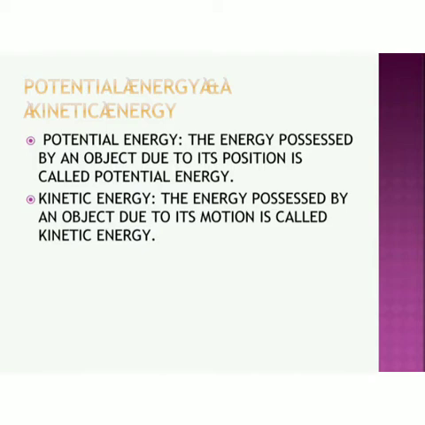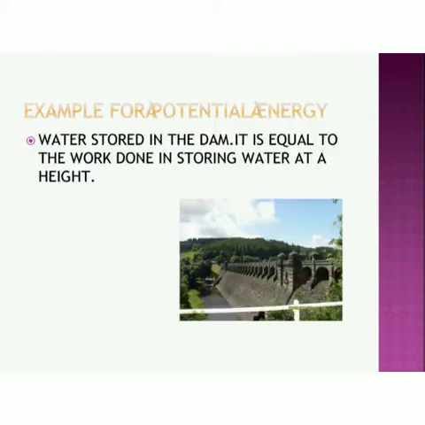And then kinetic energy: the energy possessed by an object due to its motion is called kinetic energy. That is denoted by KE or EK. Just keep it in mind, KE, that is kinetic energy.